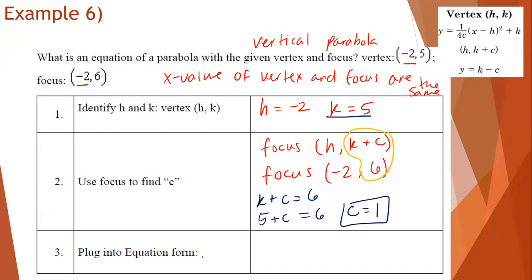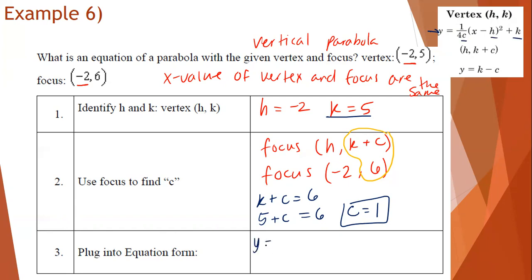And now that I have solved for all my variables, I'm going to write it using the vertex form. Your vertex form for the vertical parabola is this. So I'm plugging in my c, my h, and my k.